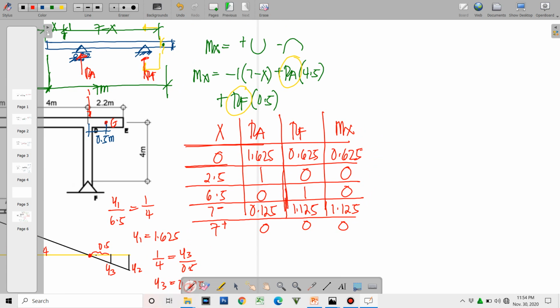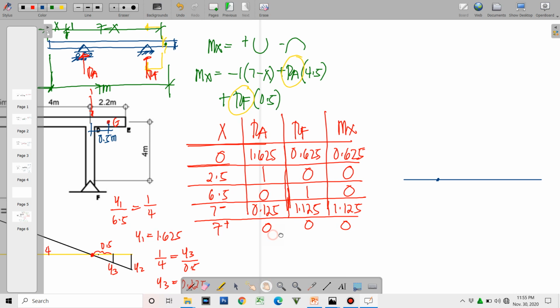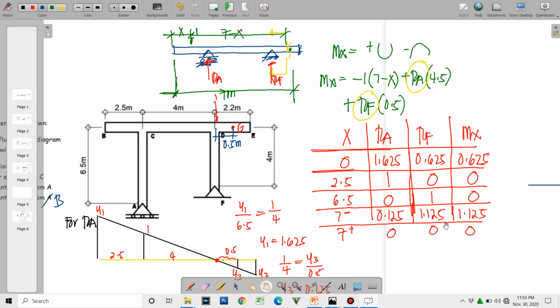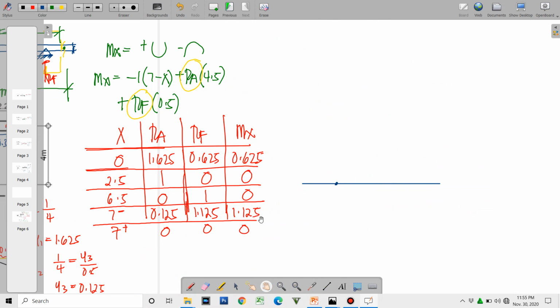So let us graph that one. Say this is our beam. We have a support here, and support here.